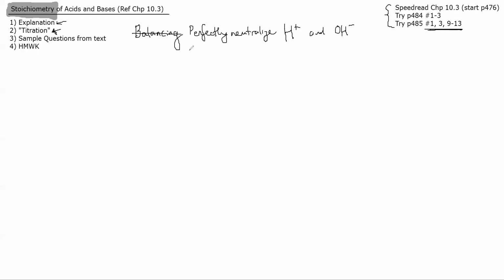What does that mean? We want to perfectly match the number of moles of H and OH in a reaction. How do we do that?